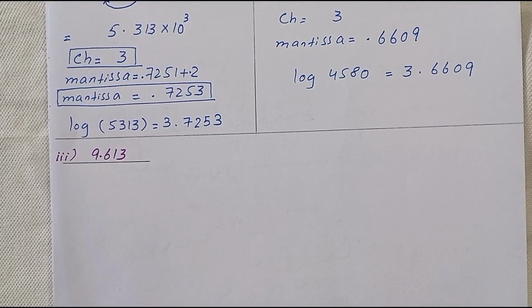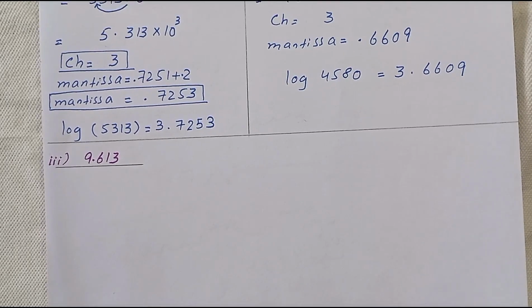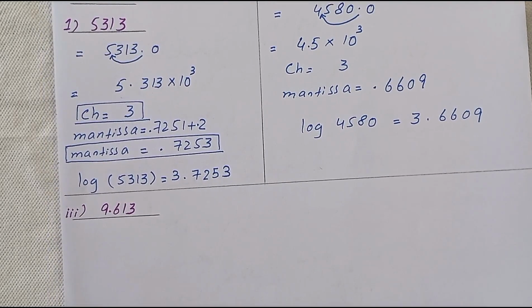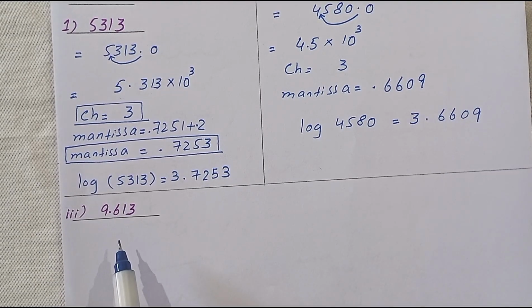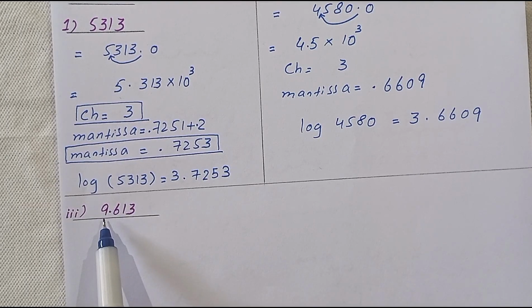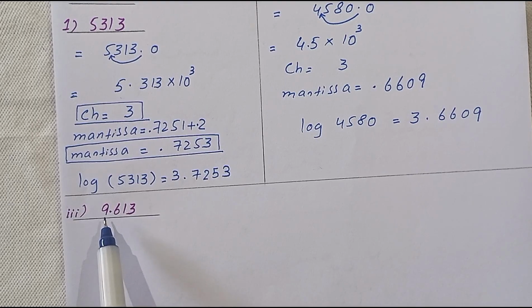In the third part, the question is 9.613 and we have to find the log of that number. To find the log and the characteristic, the number should be written in scientific notation. For scientific notation, the condition is that the decimal should be after the first non-zero number, that is 9.